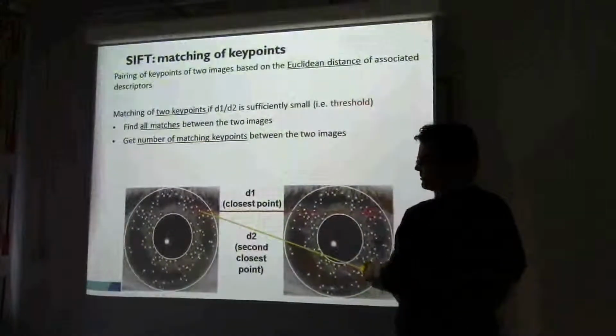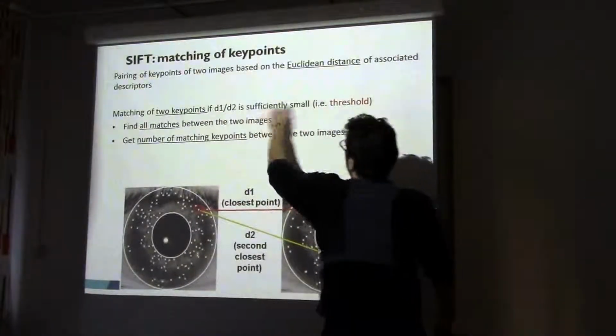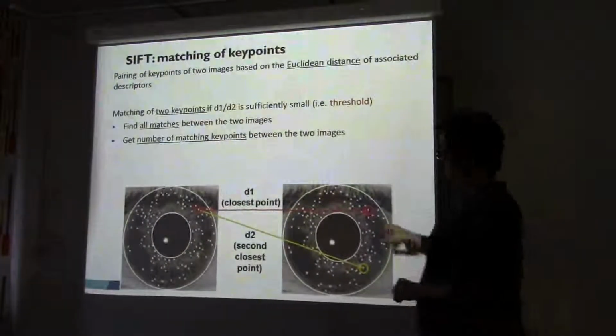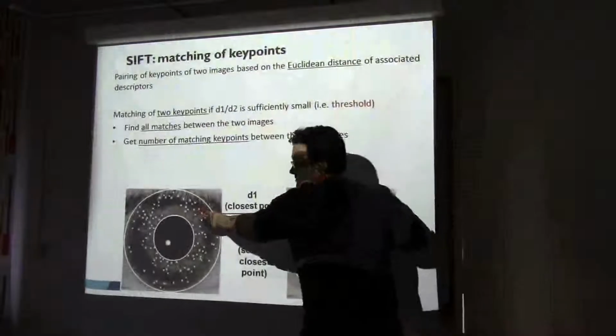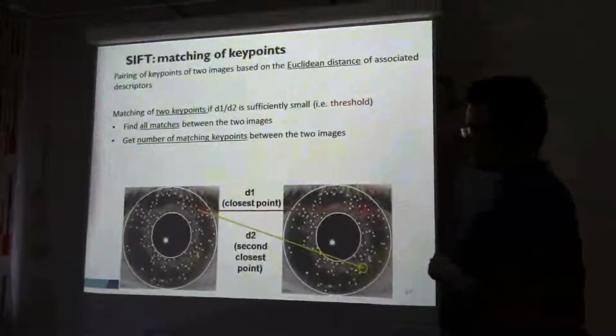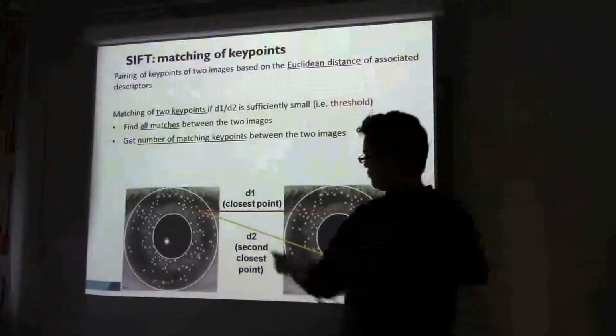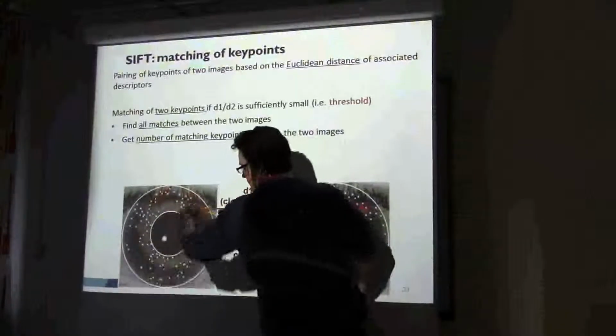If the ratio of these two distances is sufficiently small, then you say, okay, these two points are the same in the two images. Okay? And you repeat this for all the points here.